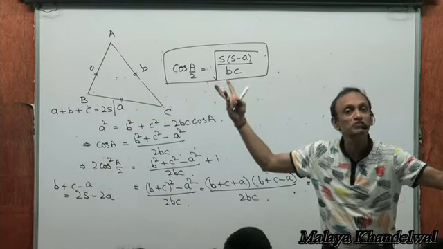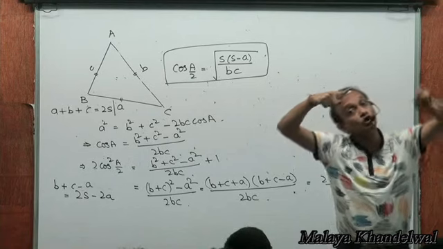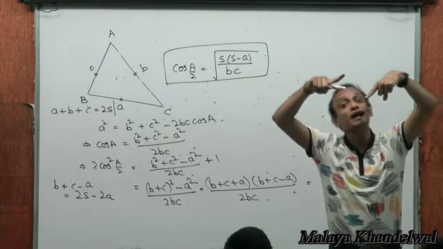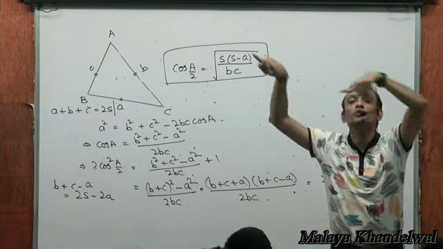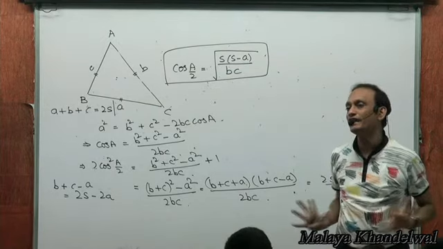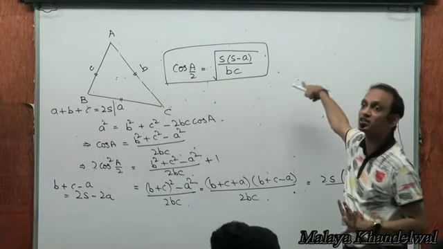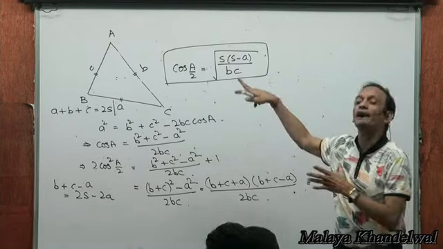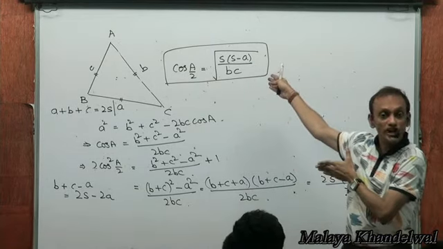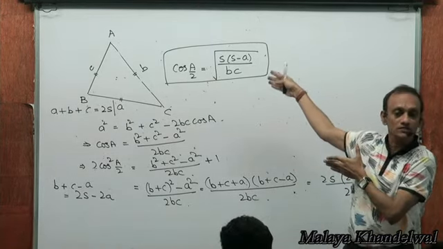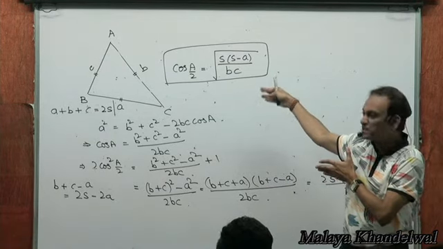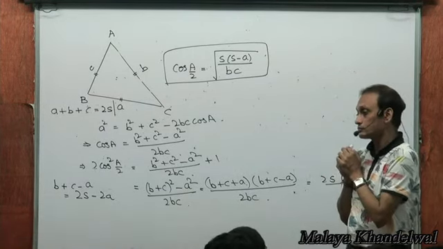Cos A could have been negative, but A by 2 will always be acute. That's why when I extracted the square root, I could conveniently reject the negative sign, right? I took only the positive square root.